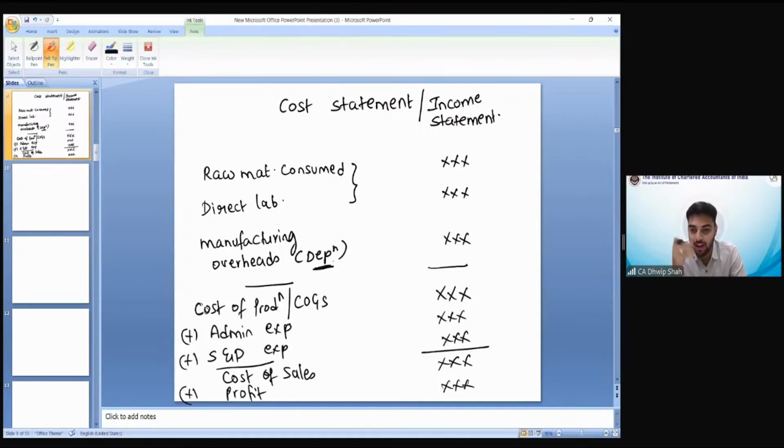Think, will the bank fund you for depreciation which you have not paid from your pocket? Why will the bank fund you for that? The bank will only fund you for that amount which is actually blocked, which you have actually incurred in cash. So depreciation, if included in manufacturing overhead, has to be removed.